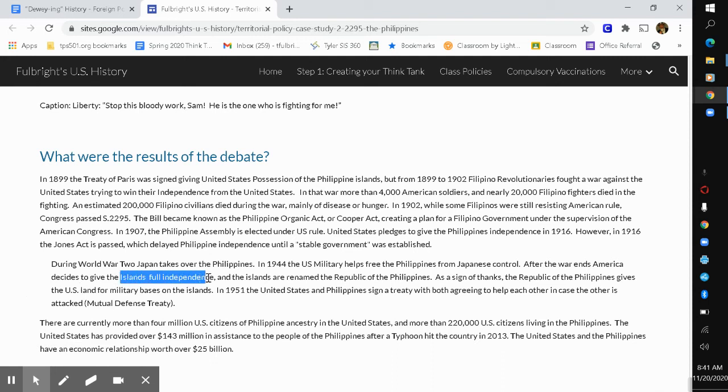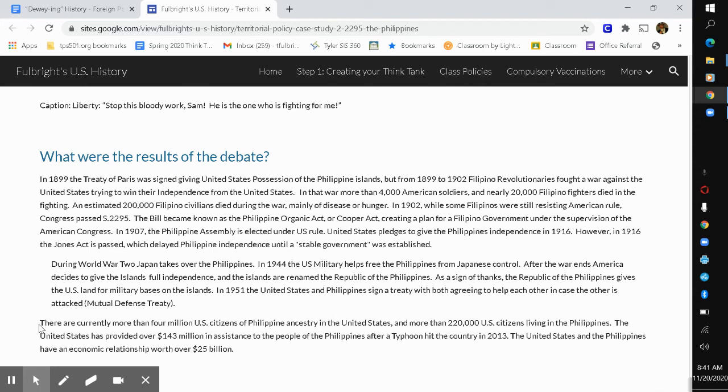We gave the islands full independence, and the islands are renamed the Republic of the Philippines. As a sign of thanks, the Republic of the Philippines gives U.S. land for military bases on the islands. In 1951, we signed a treaty where both countries agree to help each other in case there's an attack.